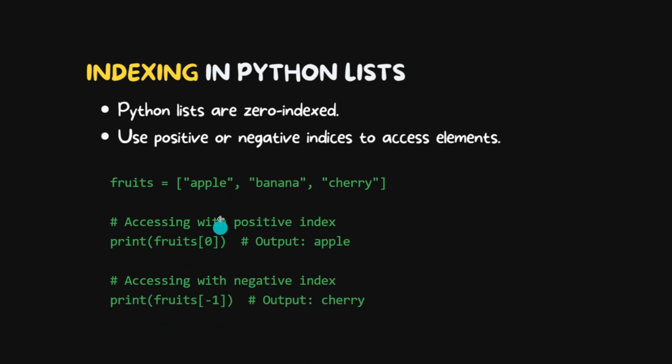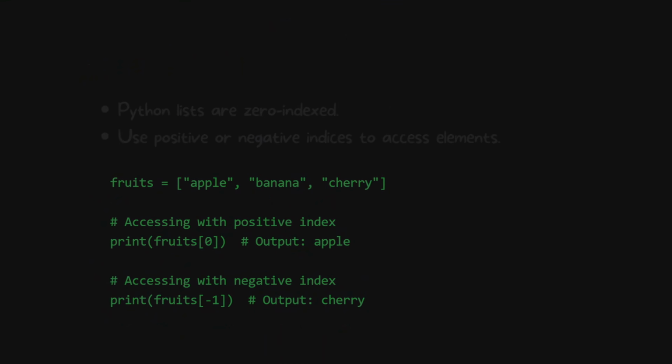The indexes will be 0, 1 and 2. So fruits[0] will print the output apple, and fruits[-1], which is negative indexing, will print cherry, since negative indexing accesses elements from the end of the list. This feature is extremely useful when working with specific elements in a list.